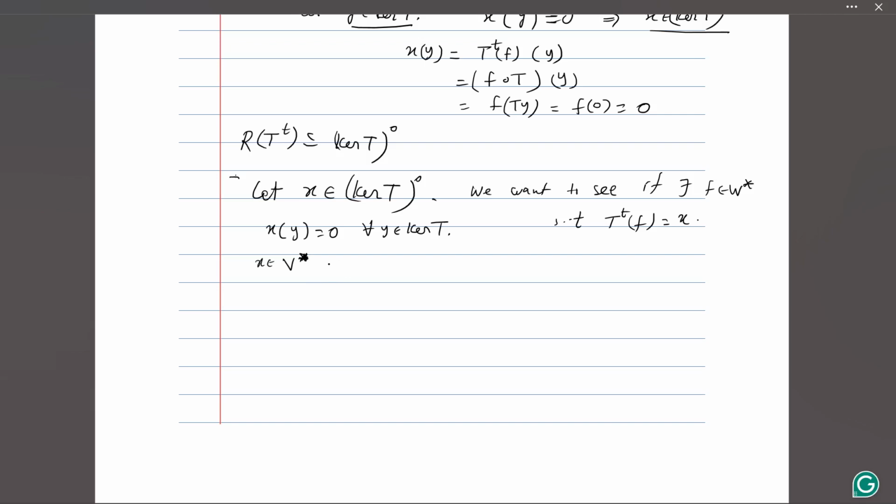This is a function on the whole of V, which vanishes on kernel T. We want to lift this function.